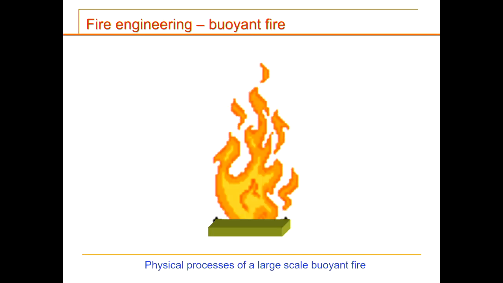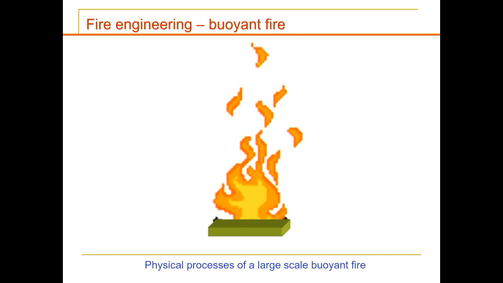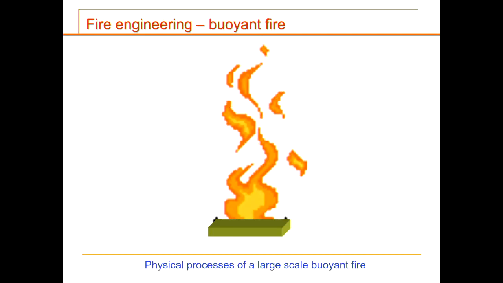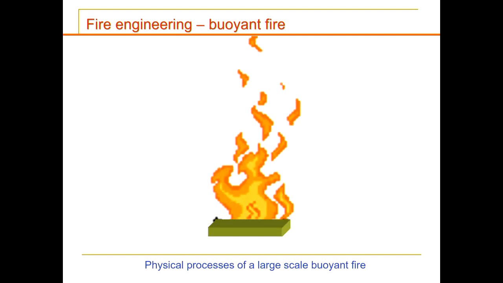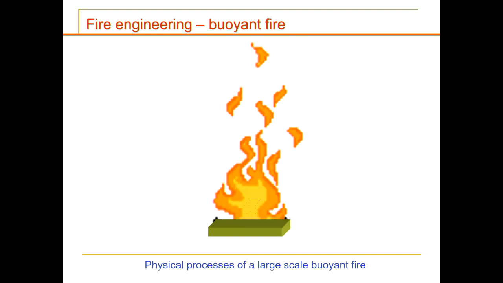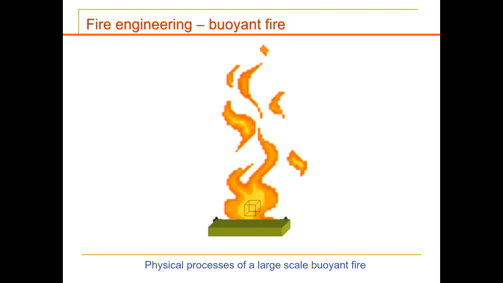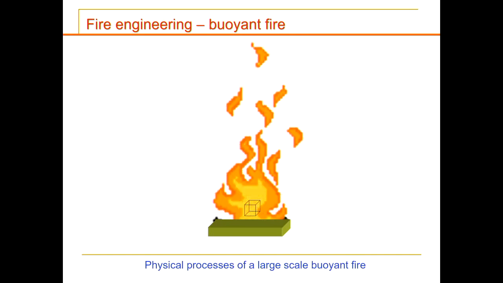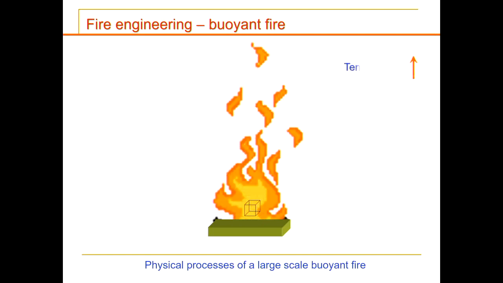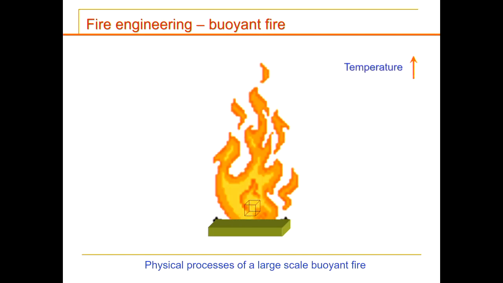So basically, if you look at a buoyant fire, or maybe a campfire, what is the physics behind a buoyant fire? Let's talk about this. If you want to model it using CFD, you use a mesh. It could be a rectangular structured mesh, or an unstructured mesh. It involves temperature. Why?